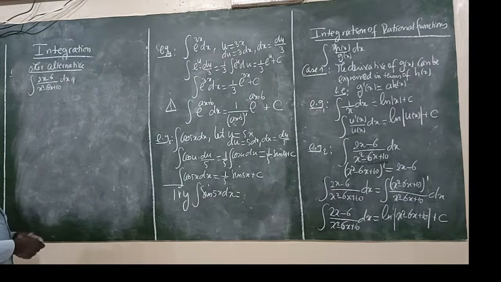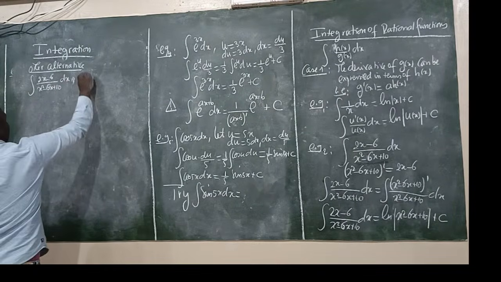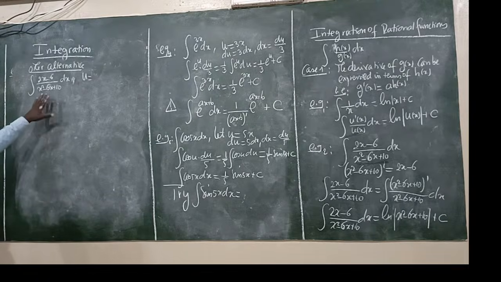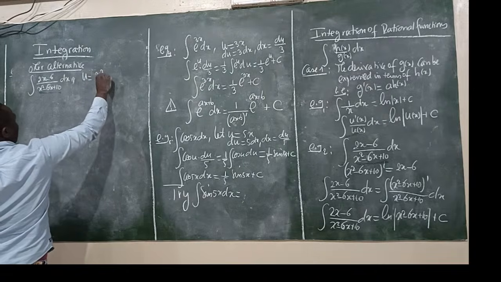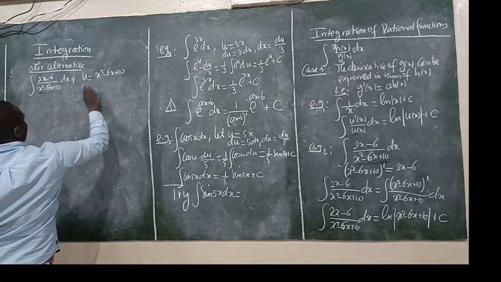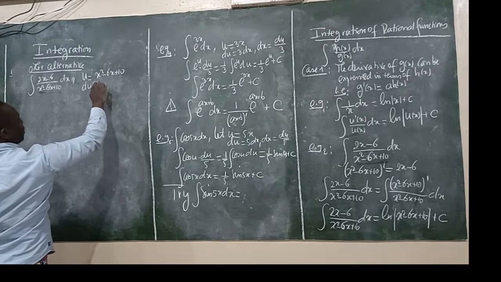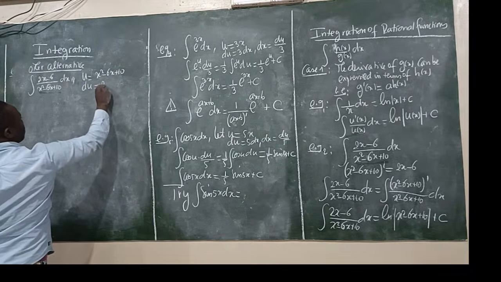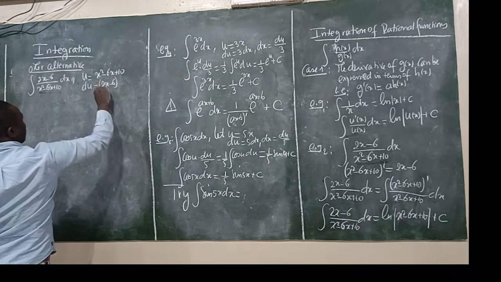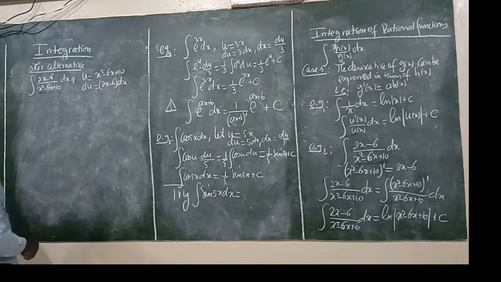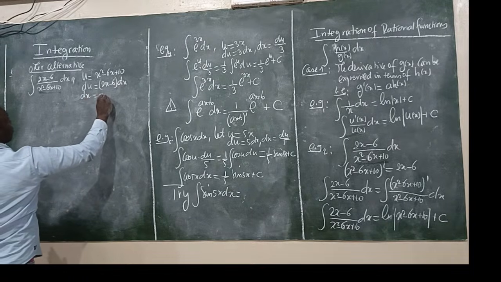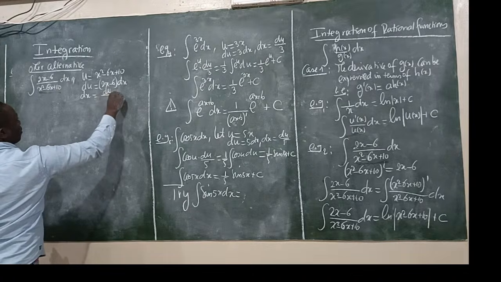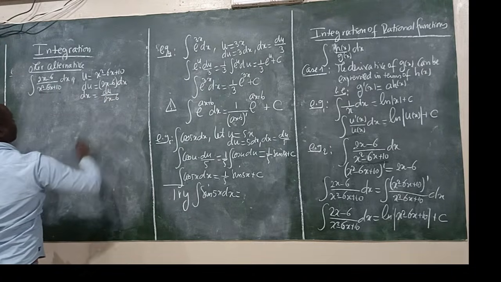This can be computed by letting u be x squared minus 6x plus 10. The derivative of this will be 2x minus 6. Remember to multiply by dx. What is going to be done now is to find dx. dx will be given by du divided by 2x minus 6.